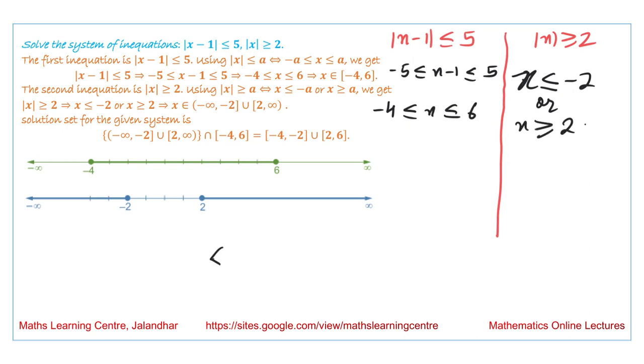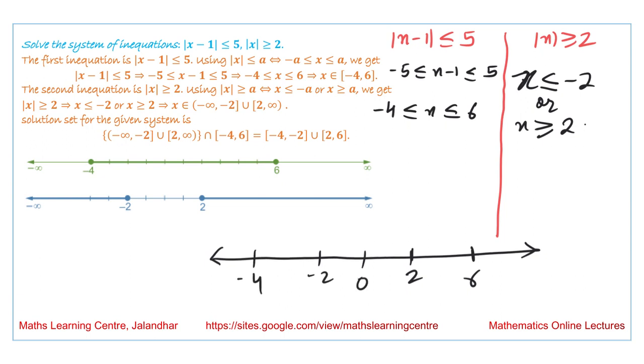If we plot these points, suppose this is 2, this is 6, this is minus 2, this is minus 4, and somewhere over here it is 0. When we are talking about this portion, minus 4 to 6, both these points are included. Minus 4 is included and 6 is included.